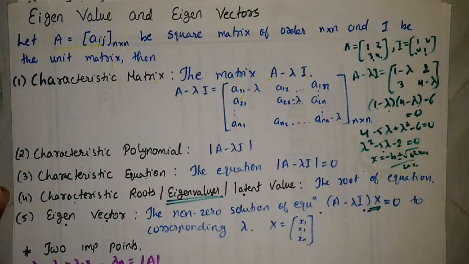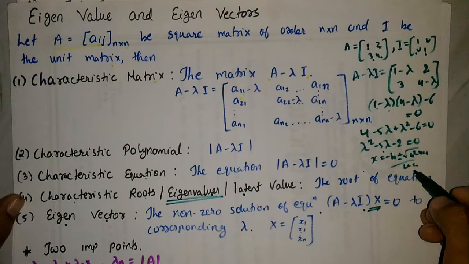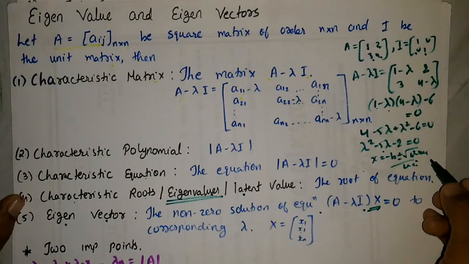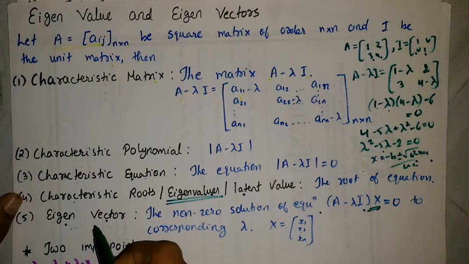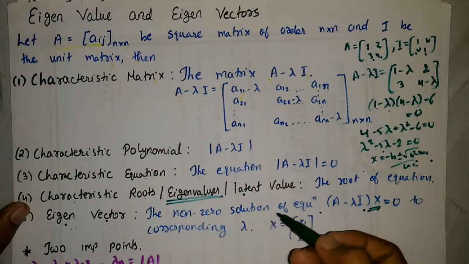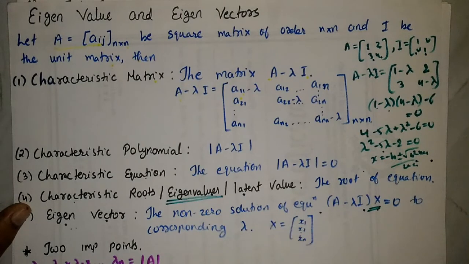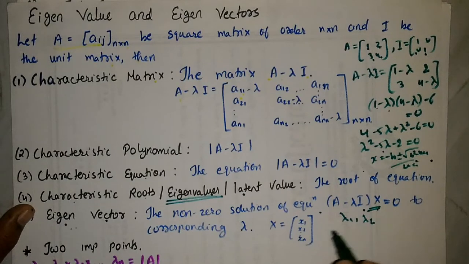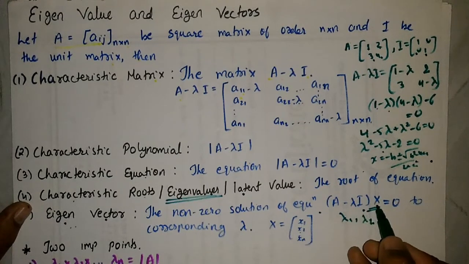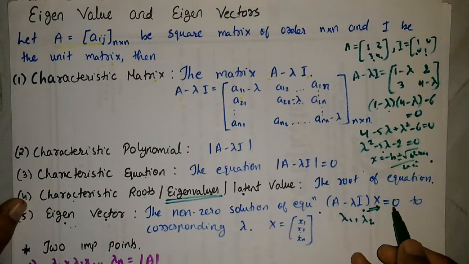We find the eigenvector corresponding to each eigenvalue. So if we get 2 eigenvalues, we can get 2 eigenvectors. Each eigenvector can be found from the corresponding lambda. If we have lambda 1 and lambda 2, then both can be found by multiplying by x.